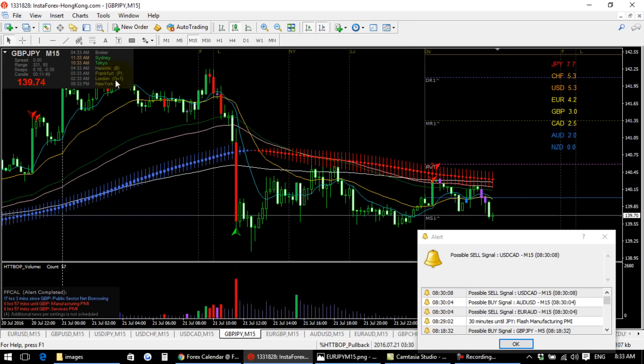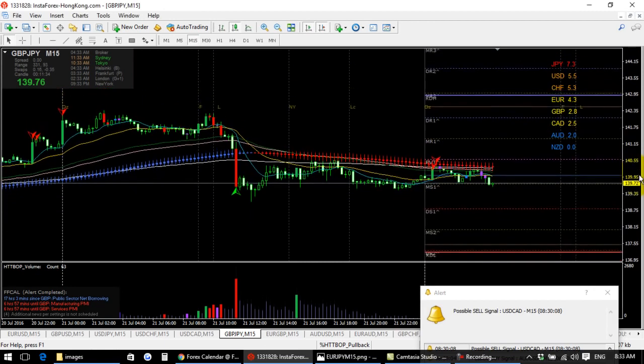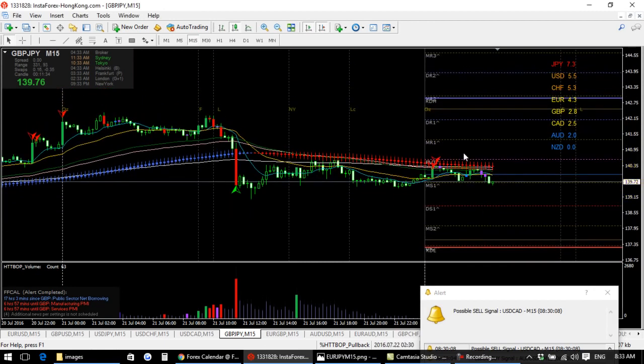Just going back, sorry, I forgot to mention here, on our market panel, not only is it giving us those vertical openings, but it's also giving us, very importantly, these horizontal levels here. These are support and resistance levels, and these are very important to take notice of. If I just make the screen a little bit smaller, here you can see a lot more of them.